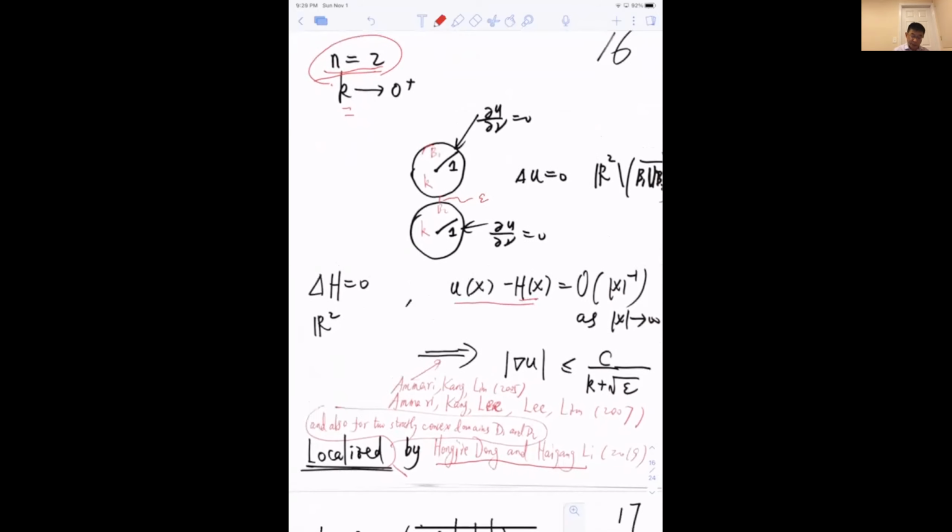That was done earlier by Ammari, Kang, Lim in their paper. Here they localized it, and also they extended it for two strictly convex domains, not only balls. So they have this rate.